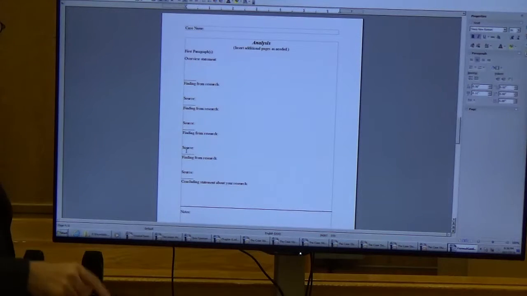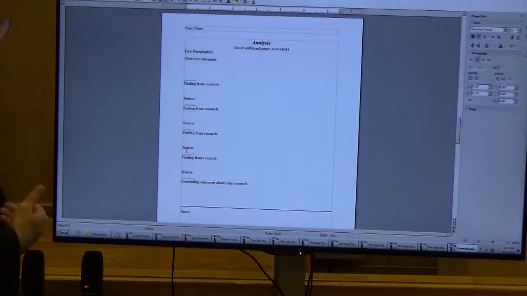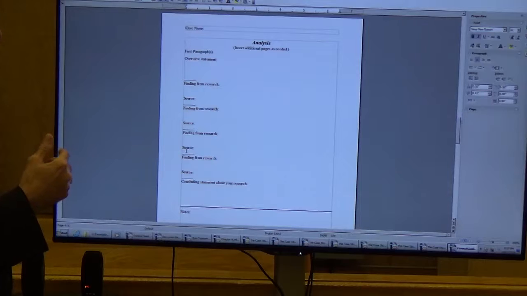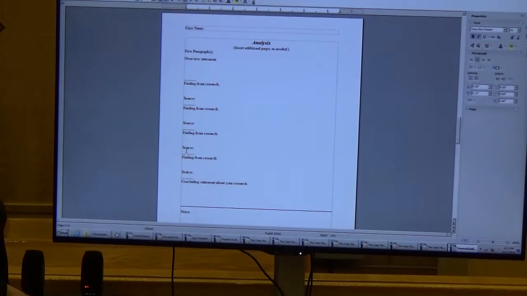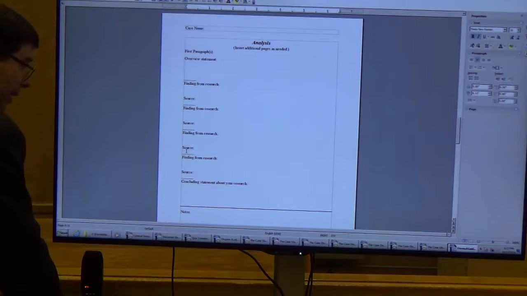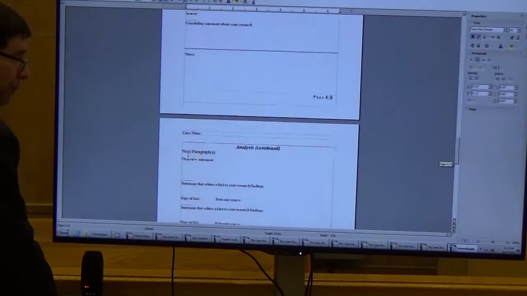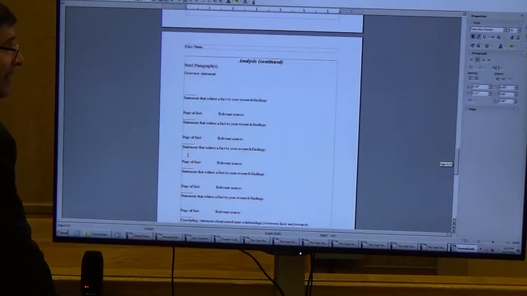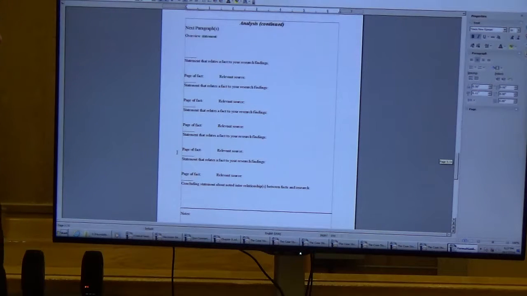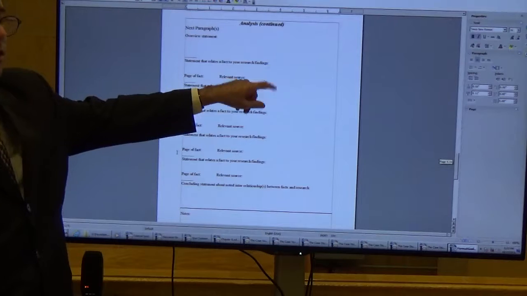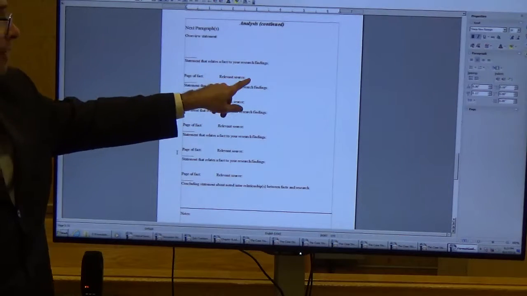Again, I can't stress it enough, I only had so many trees to kill. If you think more than three or four facts are relevant, you're going to have more than one sheet. This is just to give you a format. Then you get to the next part, because the analysis continues: a statement that relates the facts to your research, with the page of the fact and the relevant source.